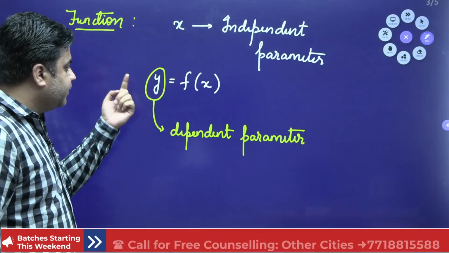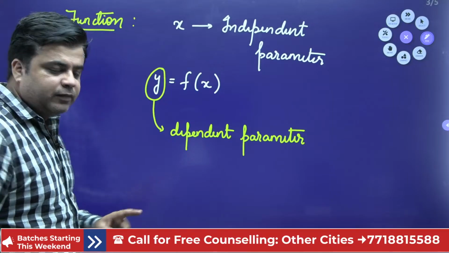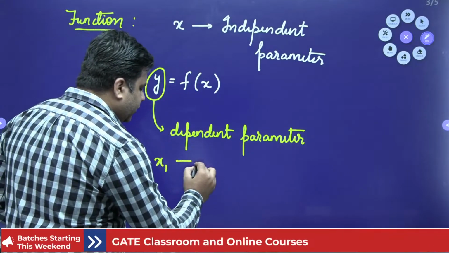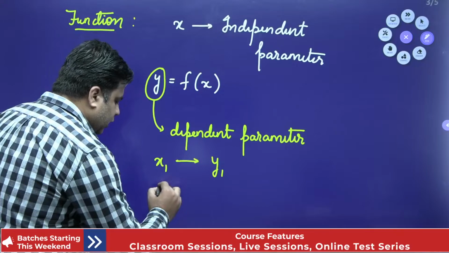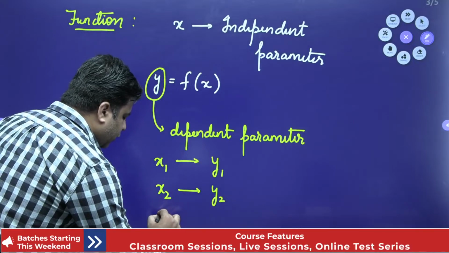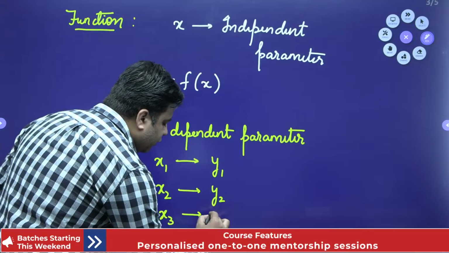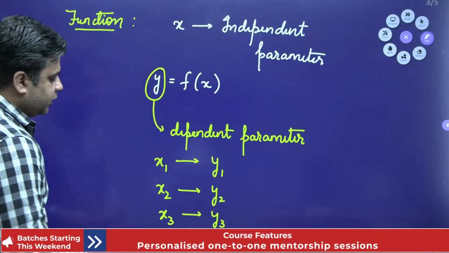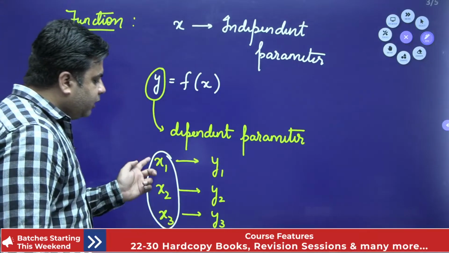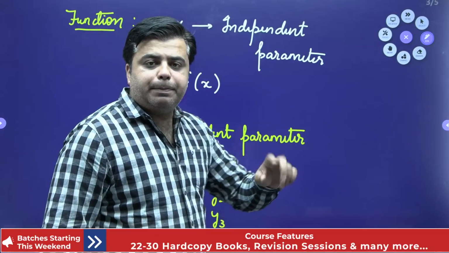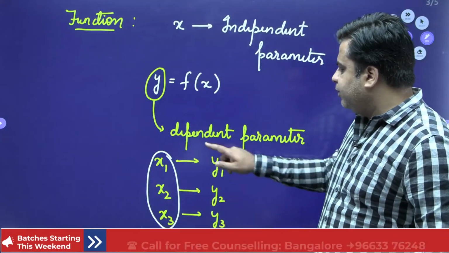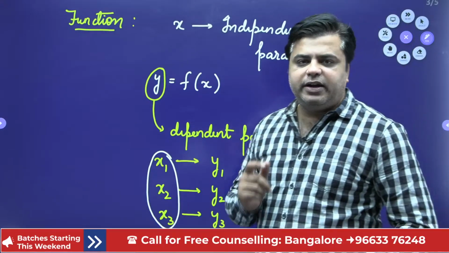So we say y is a function of x. For value of x1, if you substitute in this function, you will get y1 value of the function. For value x2, you will get y2 value of the function. For value x3, you will get y3 value of the function. So this x1, x2, x3 will be my independent parameter and the value of y will be dependent on the independent parameter, right? So this y is termed as the dependent parameter or the dependent variable.